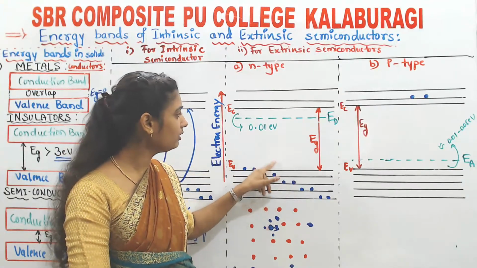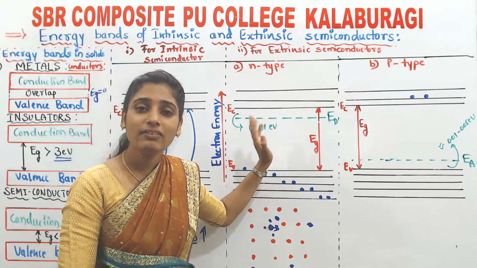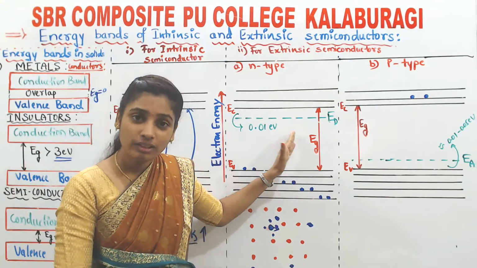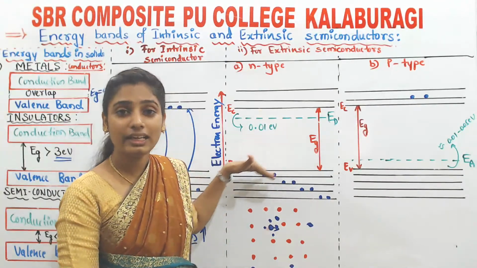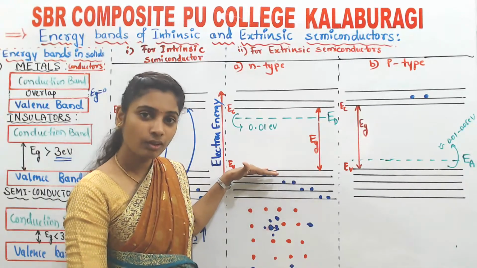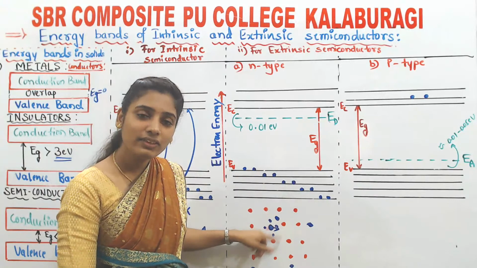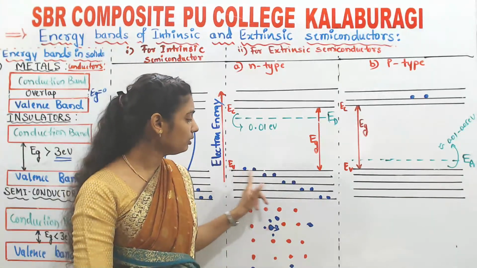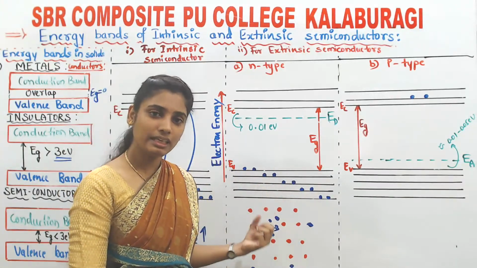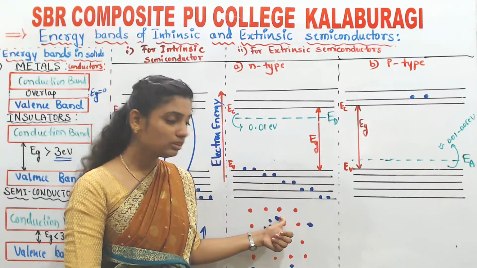Instead of here, it will be here. Why? Because it has high energy. The electrons lying in this energy level, this free electron, have higher energy as compared to these valence electrons, which are tightly bound.